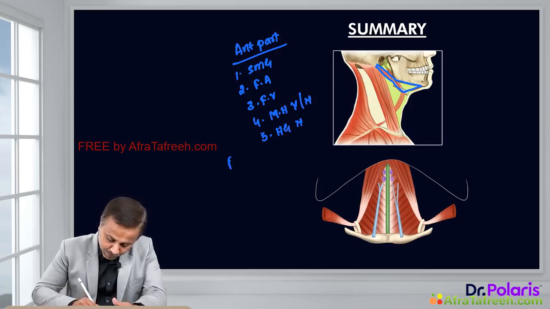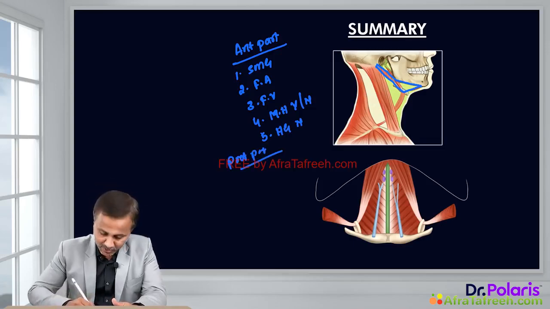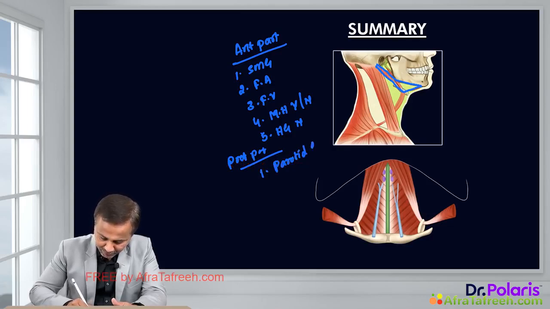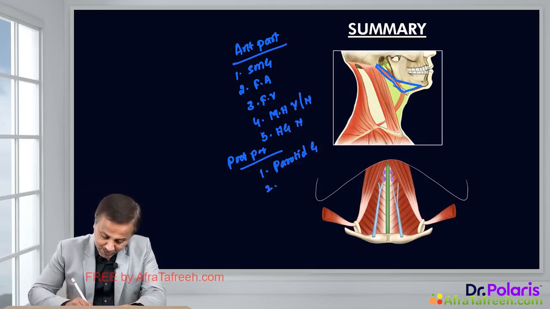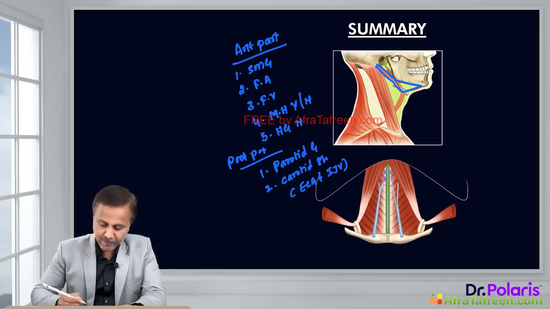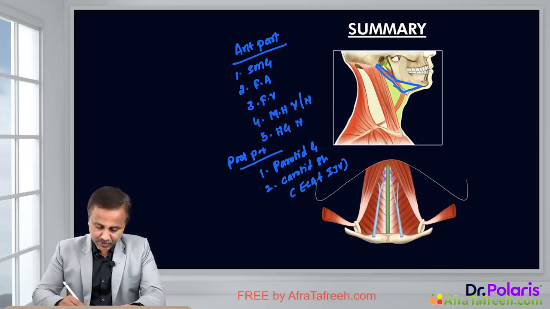Whereas the posterior part has what? Yes, the parotid gland. Which part of the parotid gland? The apex, and then the carotid sheath with the external carotid artery and internal jugular vein. This is regarding the contents and boundaries of the digastric triangle.